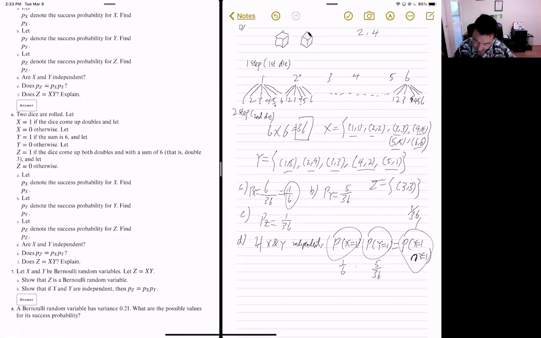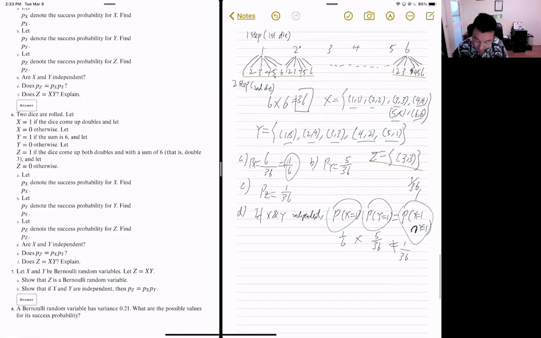So we check, Px times Py is not equal to 1 over 36. So we see X and Y are not independent.